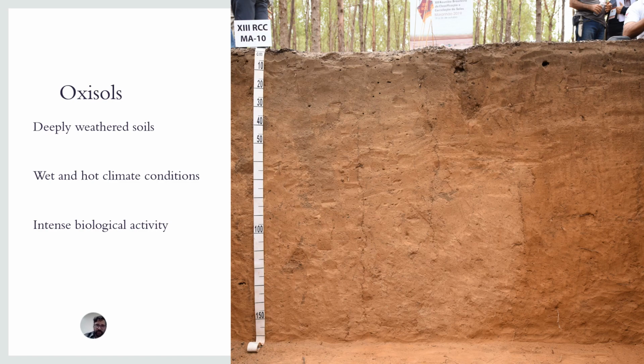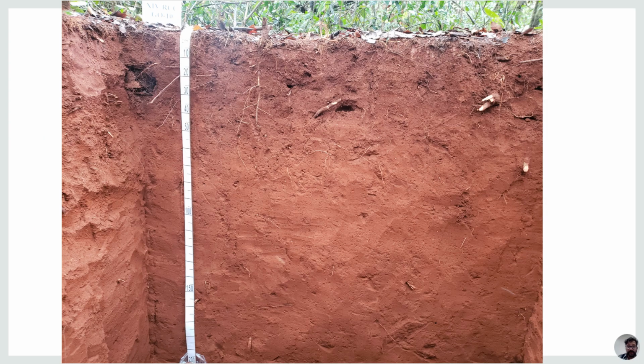We can of course see a darker color at the surface because of the melanization of the surface, but here we can hardly identify specific horizons or the boundary, the transition between the horizons, because the bioturbation mixes all the materials. In this soil profile, it is even harder to identify the transition between the horizons.